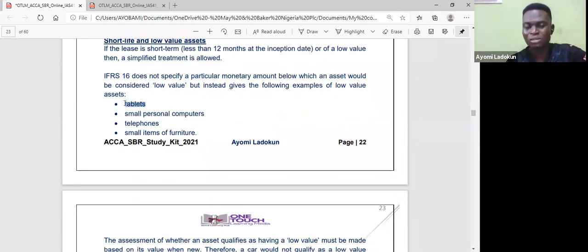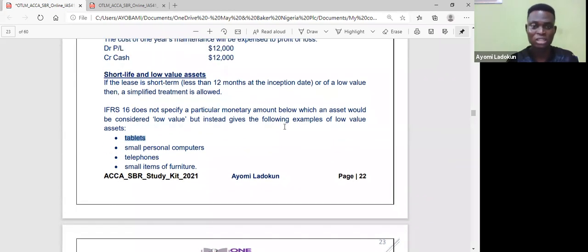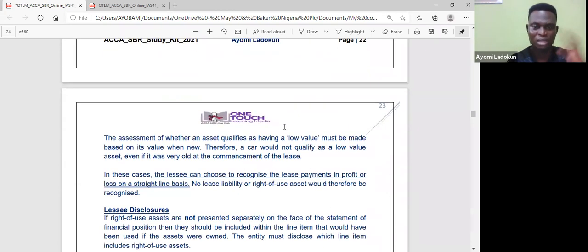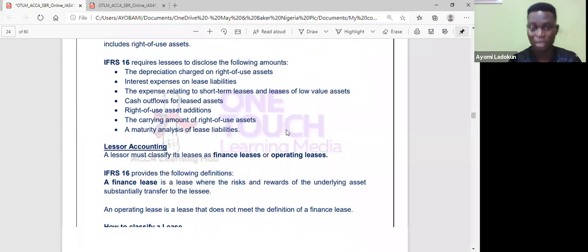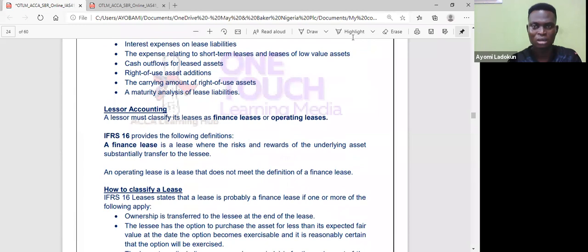The standard gives some examples of low-value items, for example tablets, small personal computers, telephones. But remember, this depends on materiality and judgment. You have a leases disclosure; nobody bothers you about that, but in case you want to read it, that's fine.